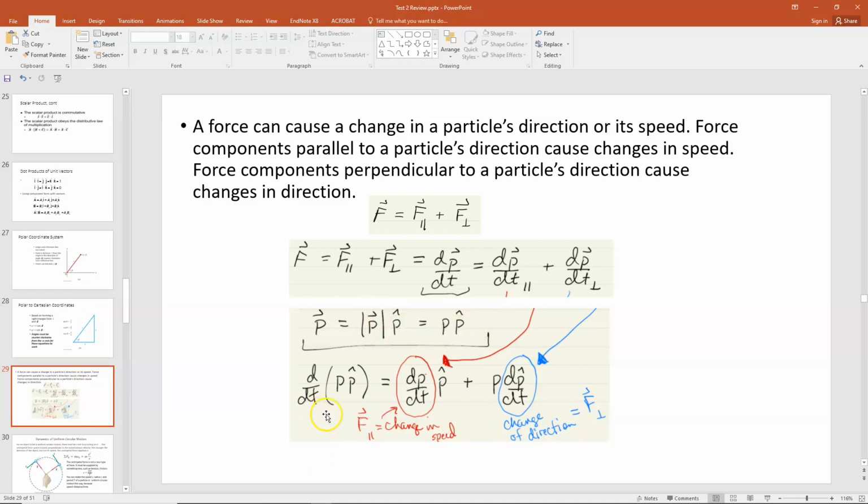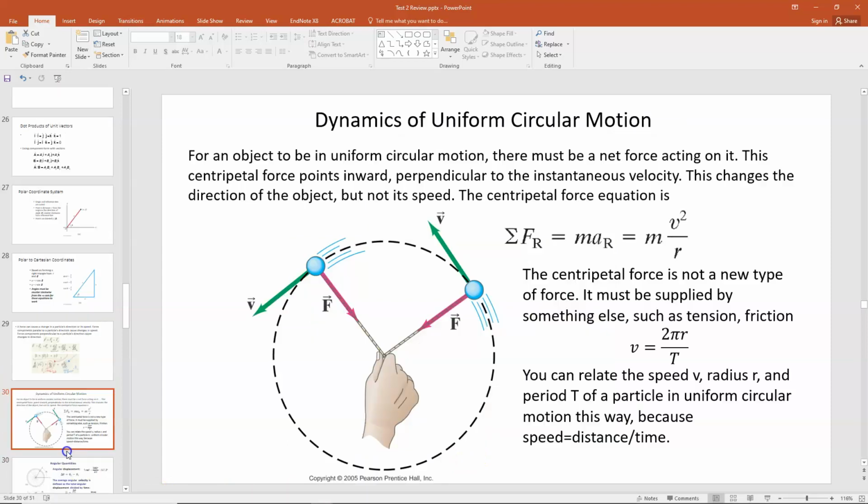If you take the derivative of that, then you can apply, I believe it's called the chain rule in calculus, I always get my nouns mixed up, you'll have dp/dt, that's a change in your speed, times p hat, plus p times d p hat/dt. Now, the d p hat/dt causes a change in the direction. So this component here in blue is F perp, and this component here in red is F parallel.